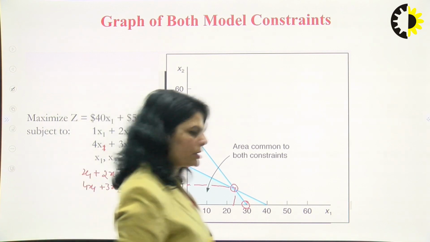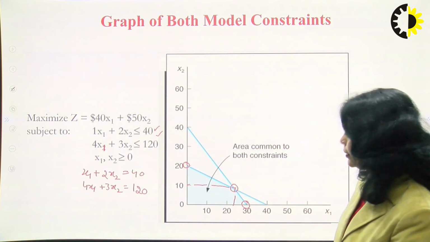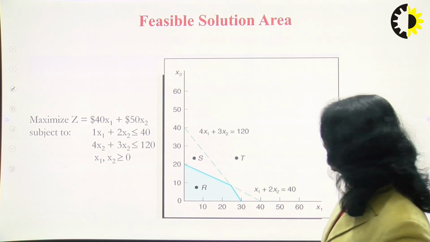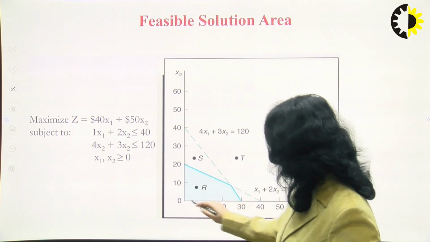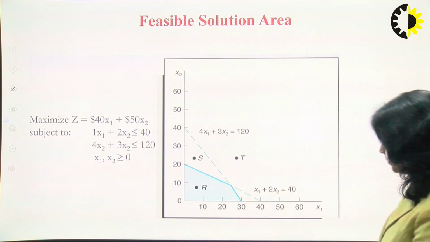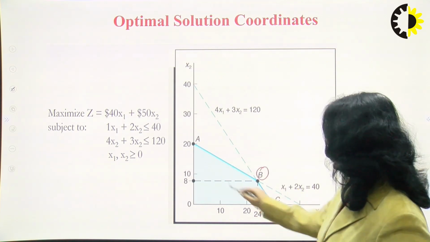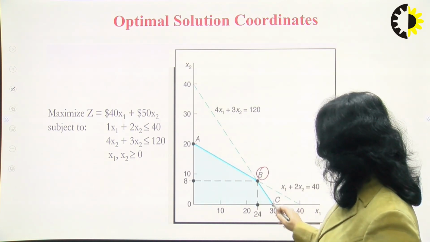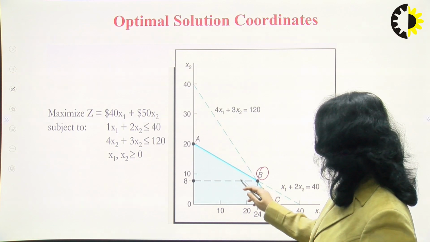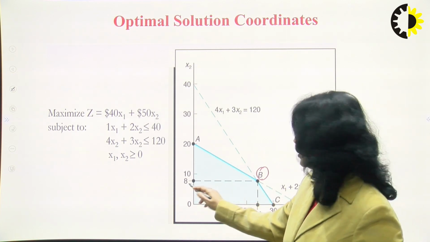We will solve these equations and we will get the coordinates of this particular point. This is the common region. This is A, B and C. We want to find out the coordinates of point B. So the coordinates are 24 and 8.